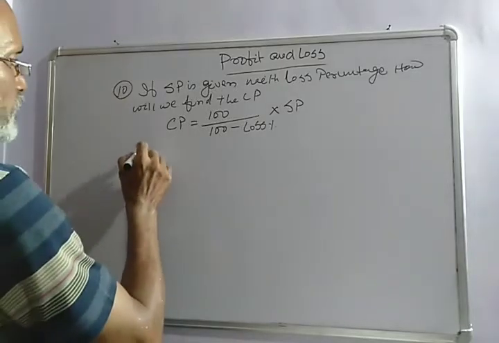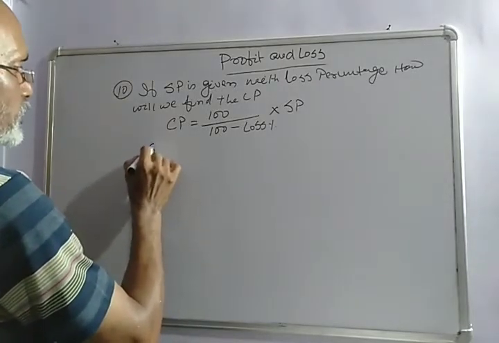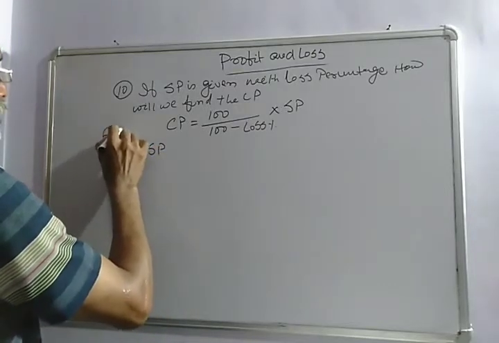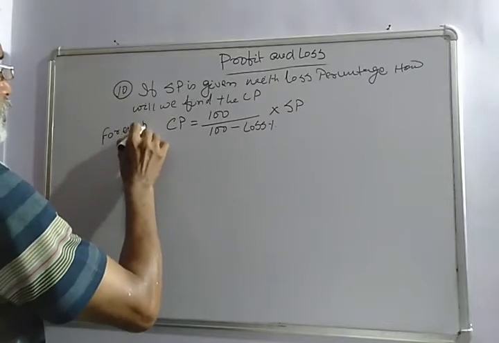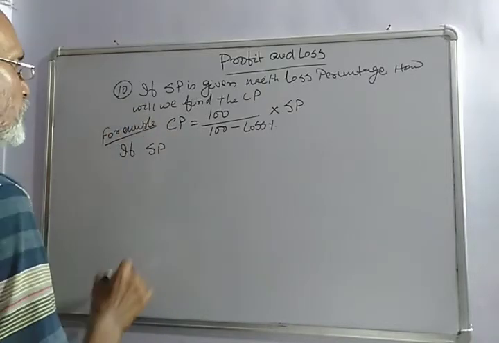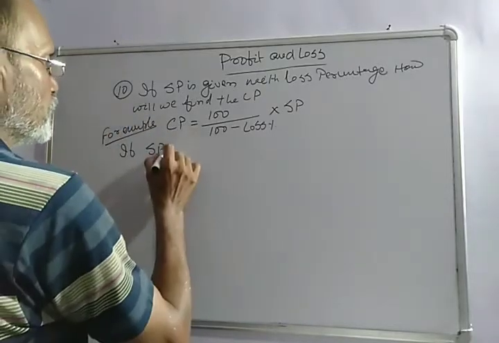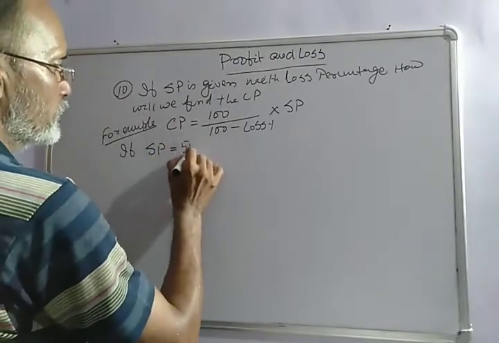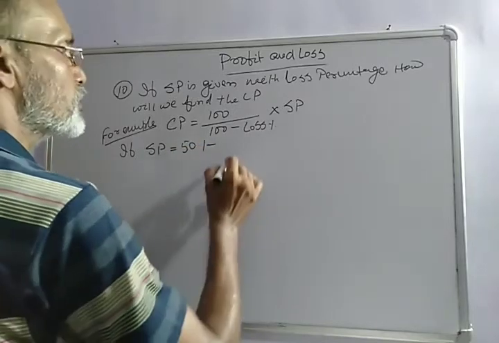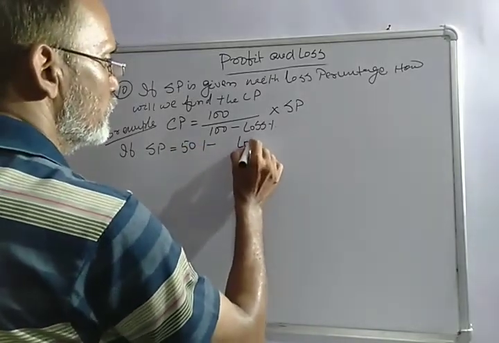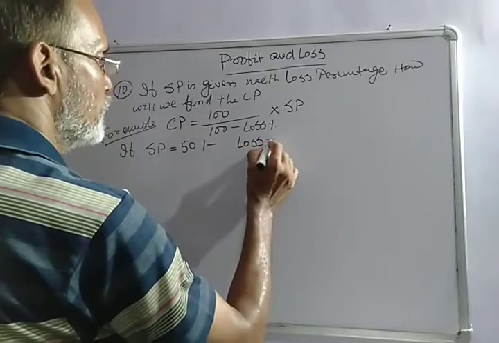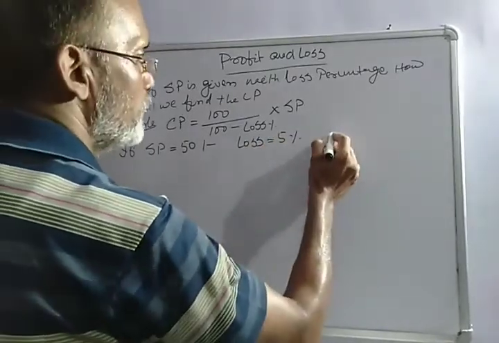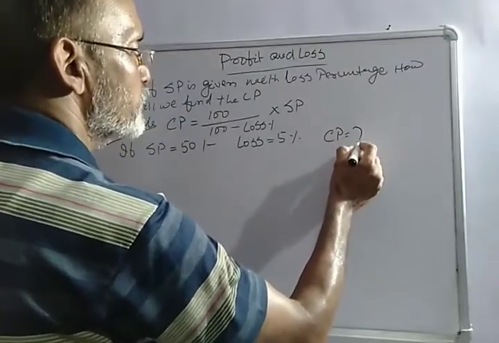So let us think, for example, if selling price is equal to 50 rupees, loss is equal to 5%. Then what will be the cost price?